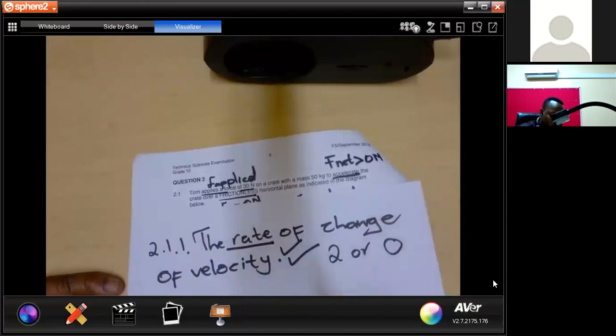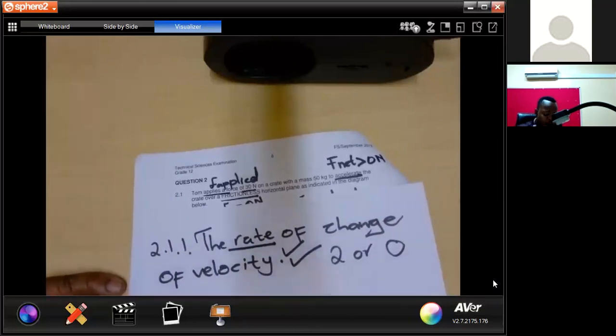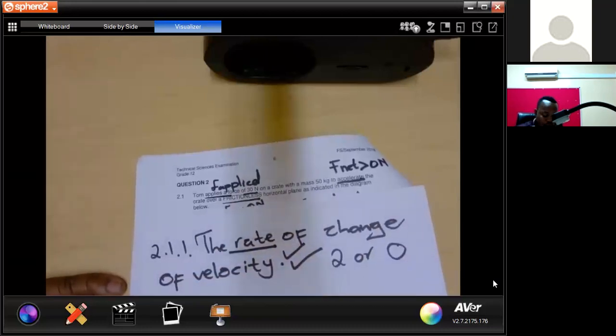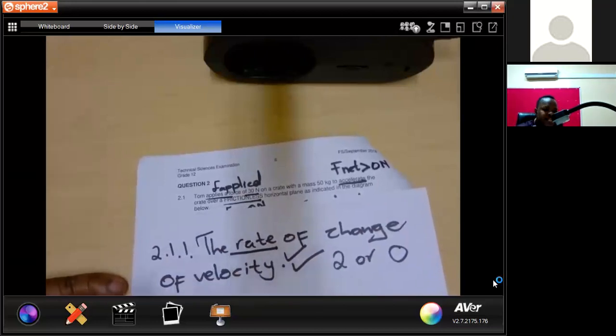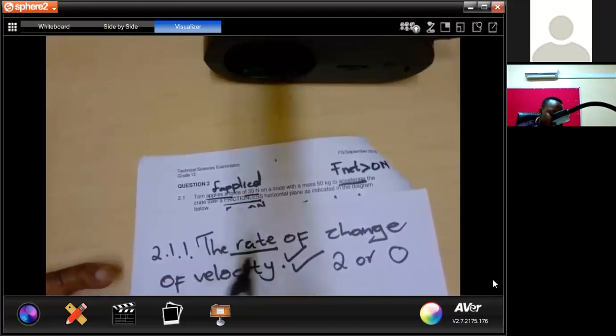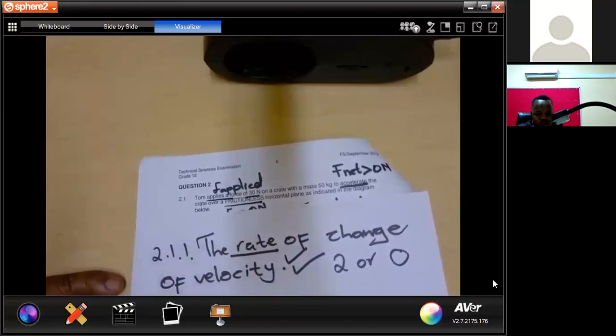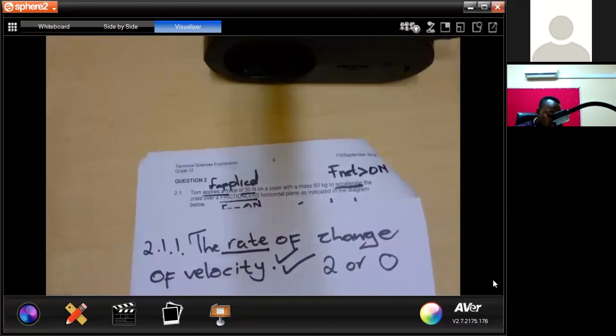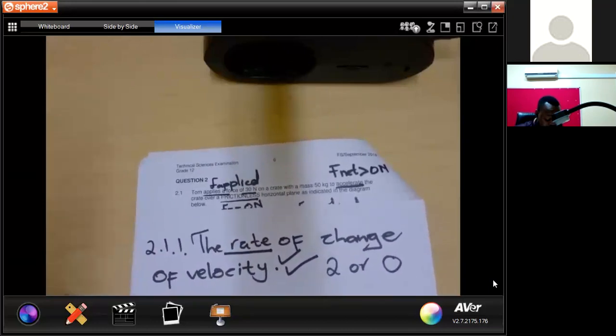In other words, if you omit any word there that gives us meaning, then you are going to forfeit your marks because now the definition will be incorrect. So when you go to your examination guidelines, you will see that the definition for acceleration is stated as written here. And that is why I always emphasize to you that we will only accept definitions and principles that are found in your examination guidelines.